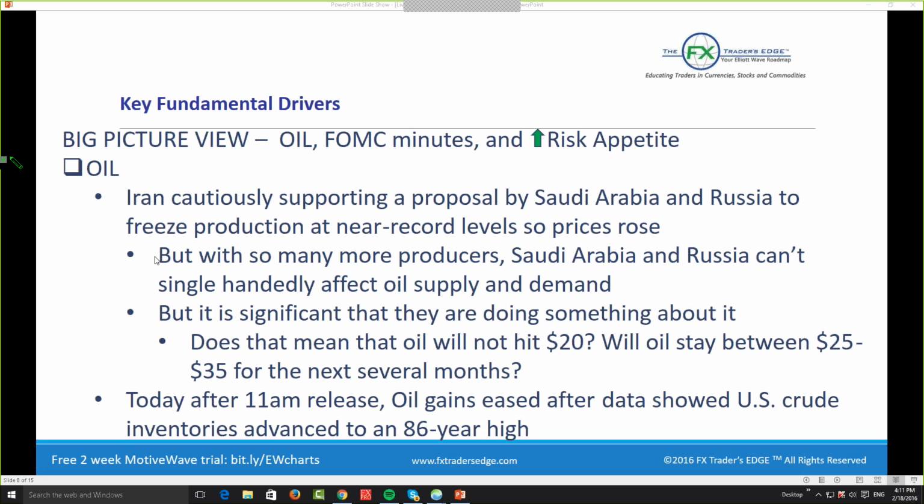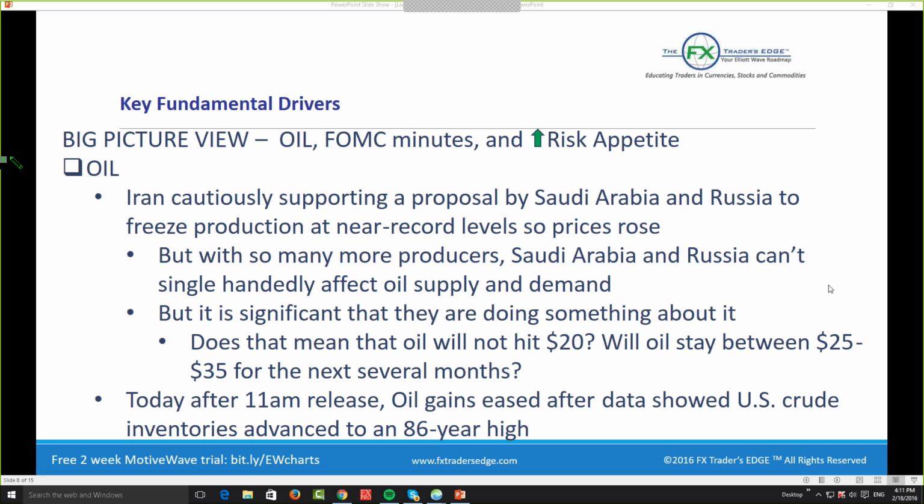Well, the next point is, with so many more producers, Saudi Arabia and Russia can't single-handedly affect oil supply and demand. And by the way, Saudi Arabia and Russia are the top 2 producers of oil in the world. So they wanted to get other oil suppliers on board, okay? But it is significant that they are doing something about it.